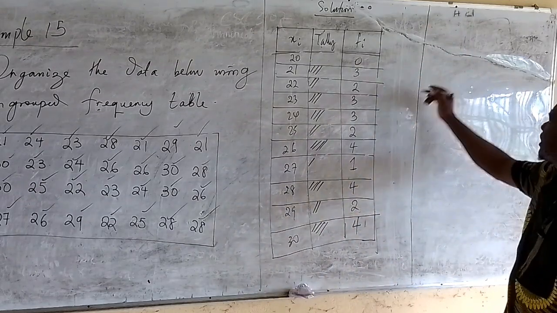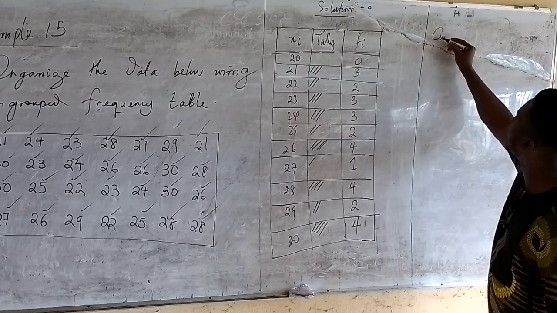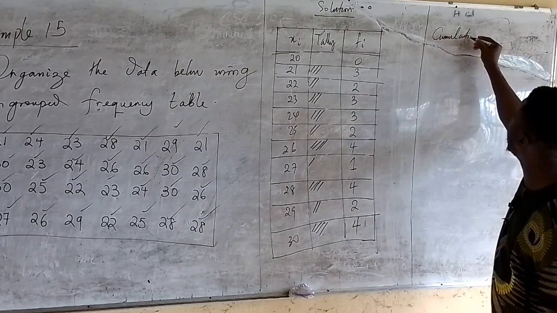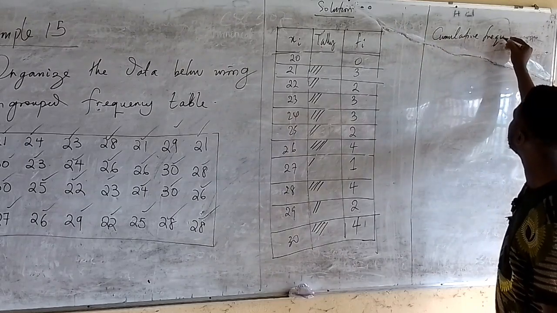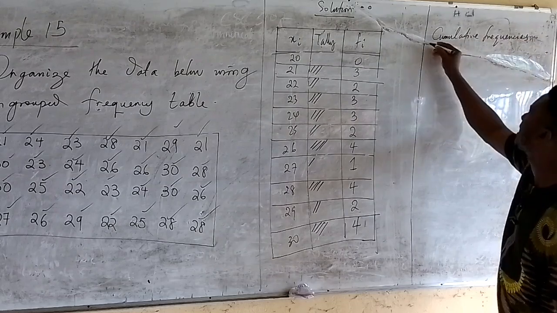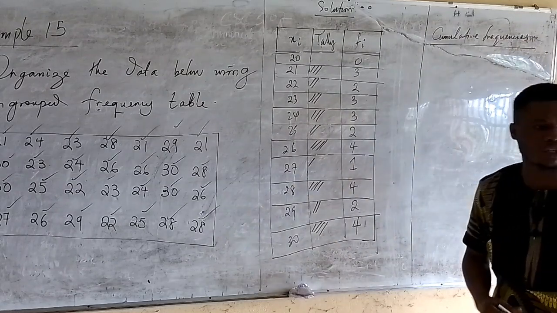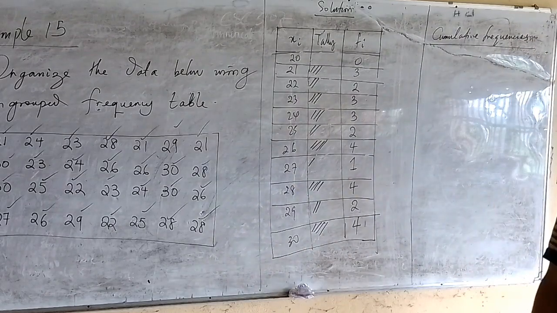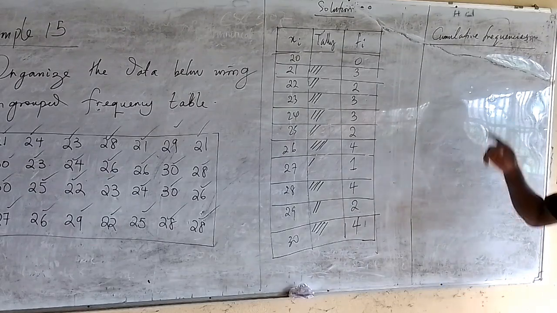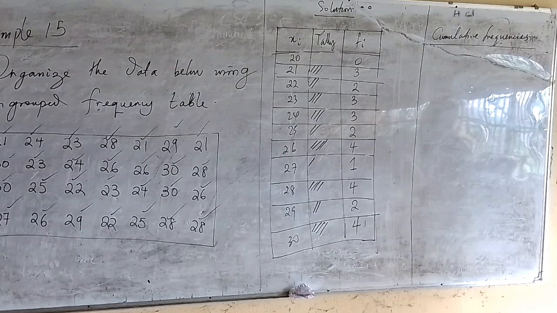So I'm going to leave this space a little bit. Cumulative frequencies. I believe we also took a definition under the ungrouped frequency table that frequencies in an ungrouped frequency table refers to the number of times a particular data entry repeats itself or reoccurs. Now let's look at cumulative frequencies.